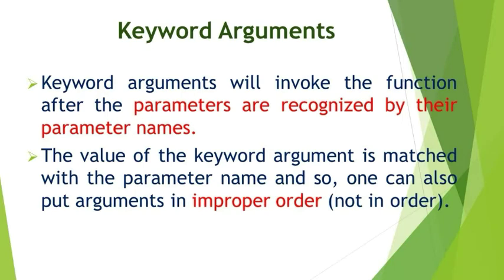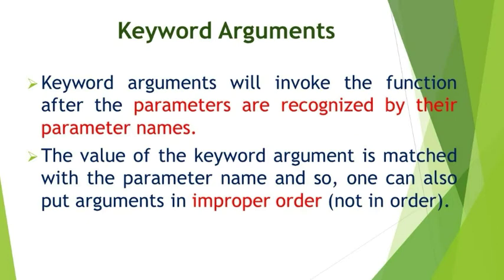So the keyword arguments can be called by their name. Okay, and the value of the keyword argument is matched with the parameter name, and so one can also put arguments in improper order, which means you do not need to pass the arguments in proper order.